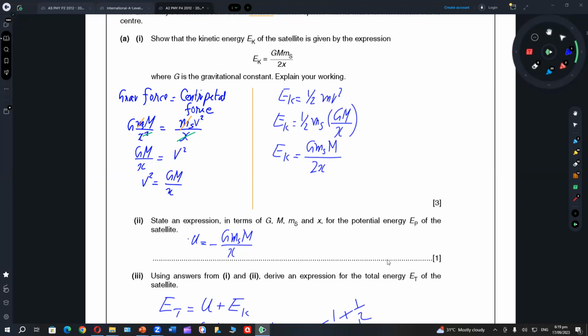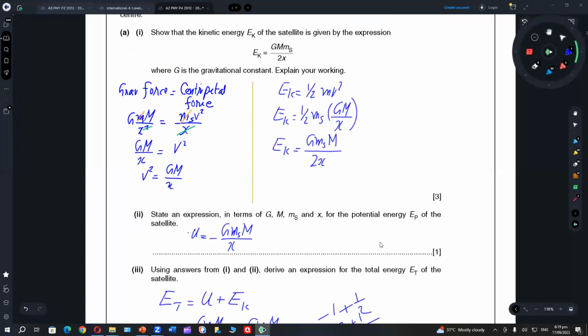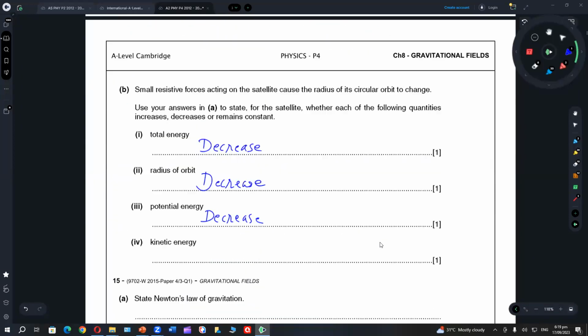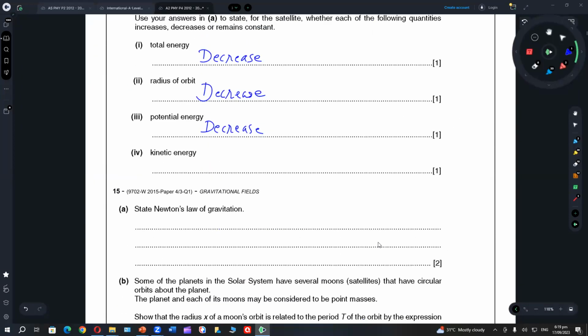So when you look at the formula, it's inversely proportional. I type the formula here, even though it's not required, but I want to show the relation, because this is a very difficult question in the paper. You can see that EK is inversely proportional to X. So when radius is decreasing, the kinetic energy would be increasing.